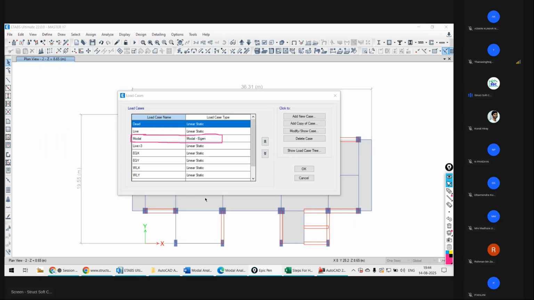If you excite your structure or put any intensity of load, an instant load, sometimes we call it a jerk, or a constant load over your structure, how your structure is going to behave and respond, that is what is called Modal analysis. Is that all clear?